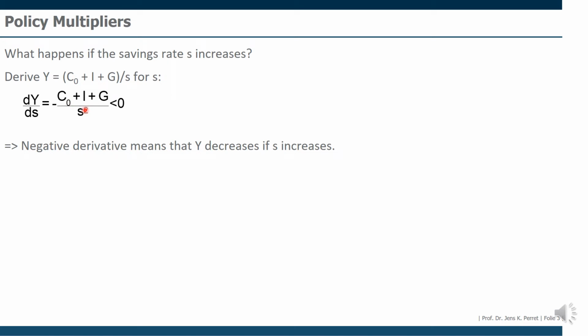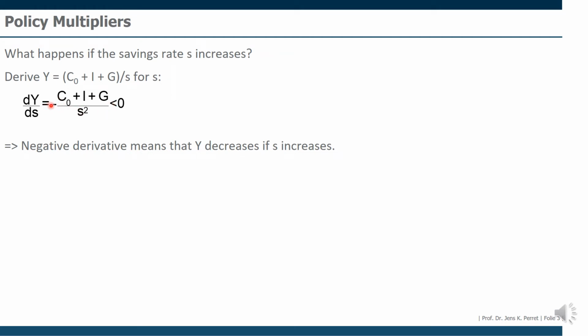S squared is also positive, or 0, but we are not allowed to divide by 0, so we assume this is also positive. Positive divided by positive is positive, but with a minus sign this multiplier is always negative, independent of what the different variables are.